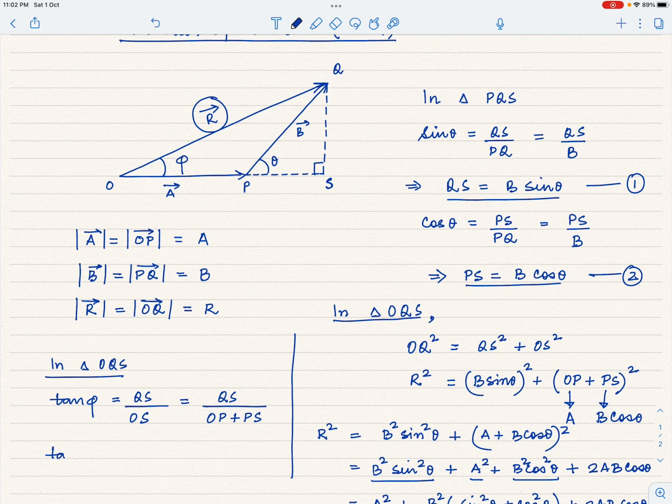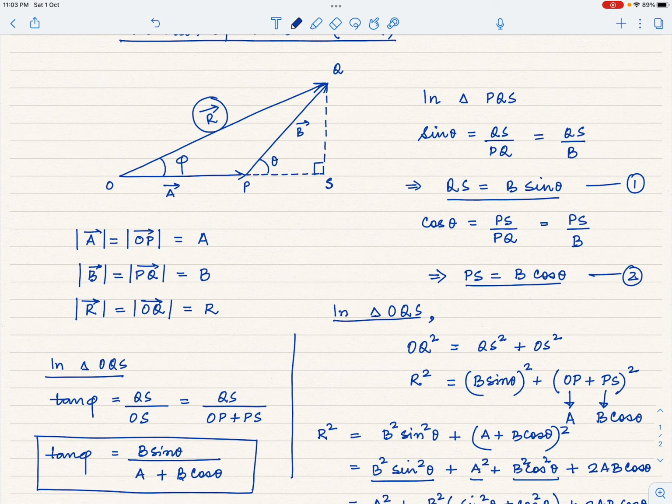So, we get tan phi is equal to QS, which is B sin theta from the first equation that we have found, and OP is nothing but the magnitude of vector A. So, we can just write it as A, plus PS is nothing but B cos theta.